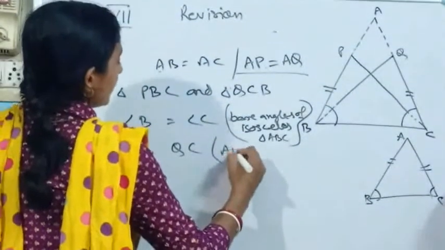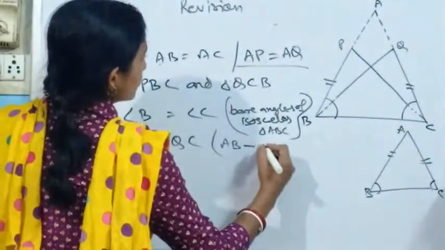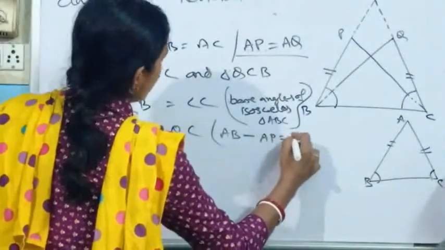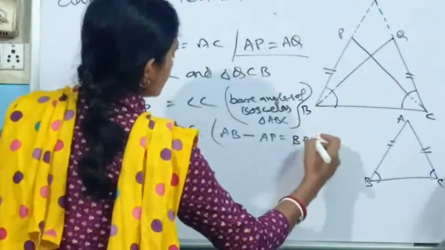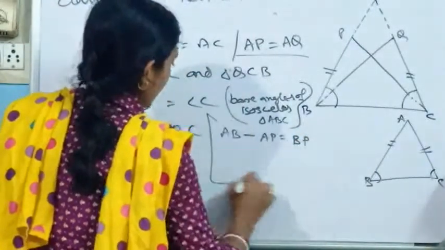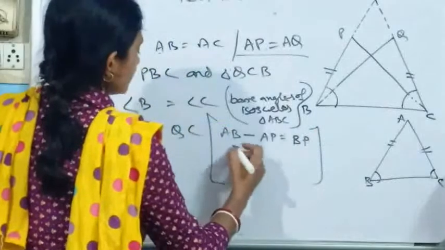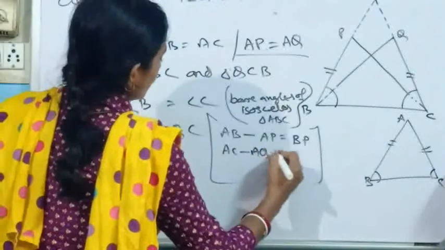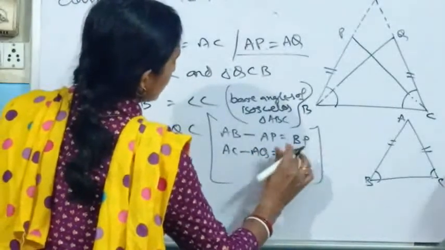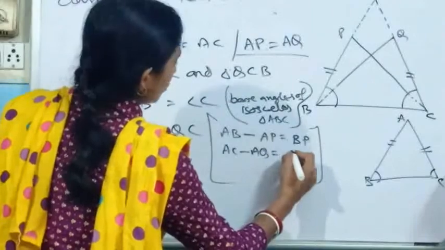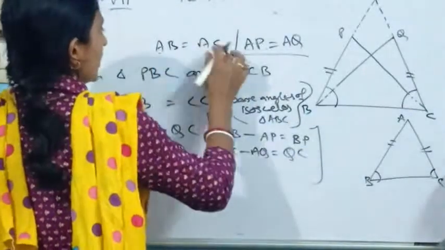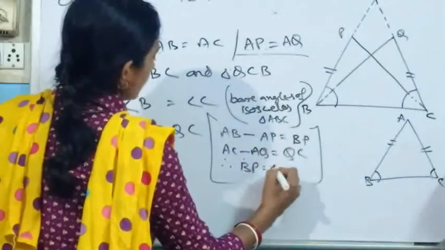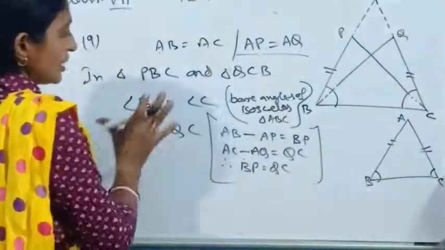Because here I have written AB minus AP, that one was equal to BP, whereas it was given AC minus AQ. So we have got QC. And so as these are equal, therefore we have written BP equal to QC. That is the clarification I had given here.